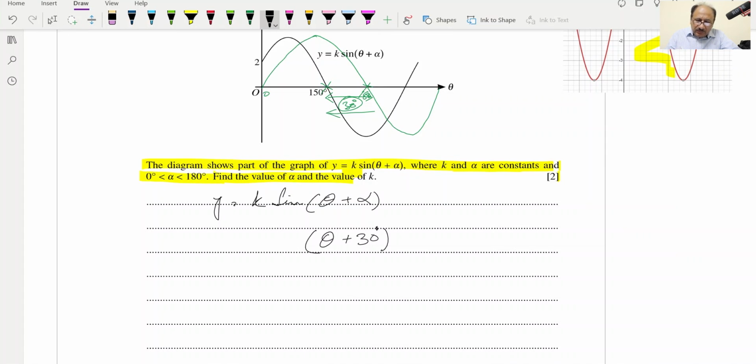So we can take this as k sine of this, and y value is 0 at this point.